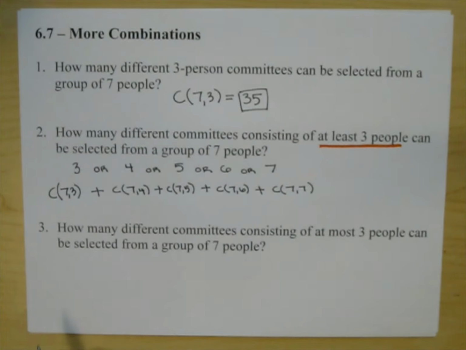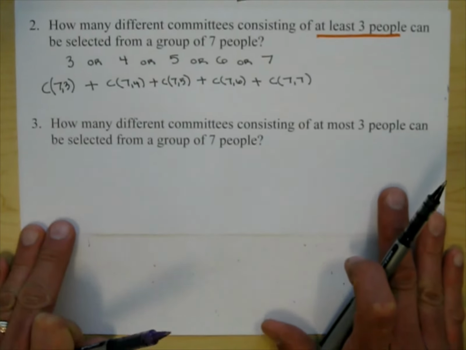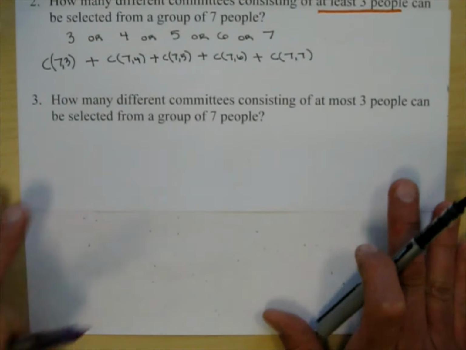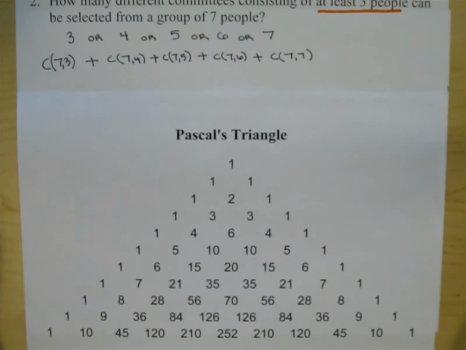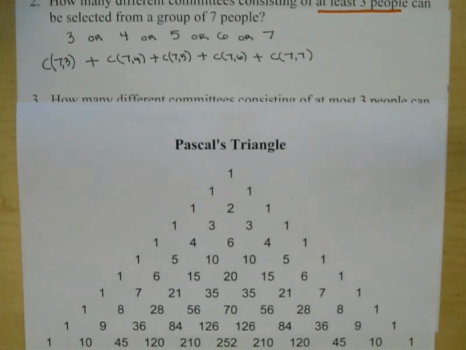This is 7 choose 3 plus 7 choose 4. Let's move this up here so it looks like this. Oh, there's row 7. Row 7's right here. So 7 choose 3, 1, 2, 3, that's 35.